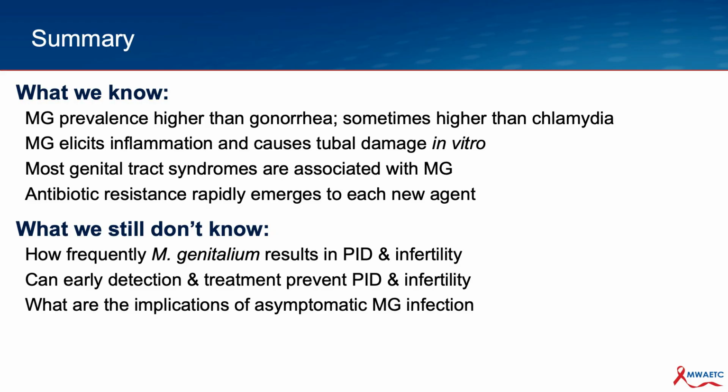However, some have higher quality evidence than others, and antibiotic resistance rises rapidly when we introduce a new agent to treat it, or when we just give people an agent to treat something else. What we still don't know, how frequently MGen results in PID and infertility, and can early detection and treatment prevent these sequelae in women, and what are the implications of asymptomatic infection?